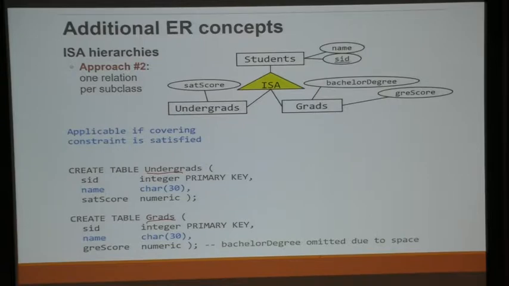Okay? How do we construct back the student table? That will be through the use of union. If you union the two tables, and then you project only on the SID and the name before you do the union, then you get back the student table. All right?